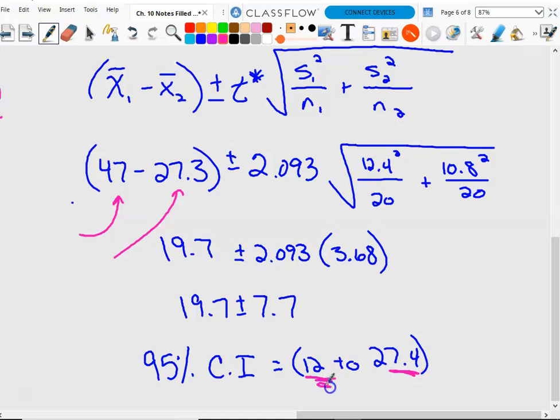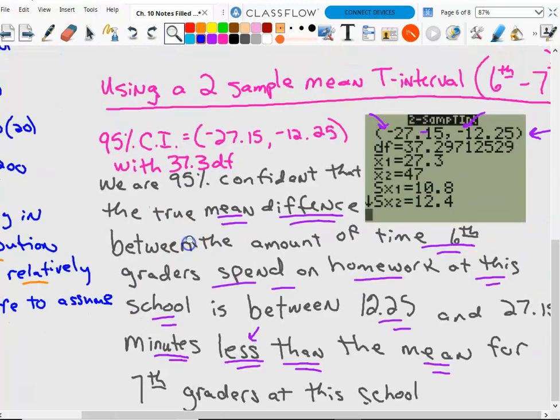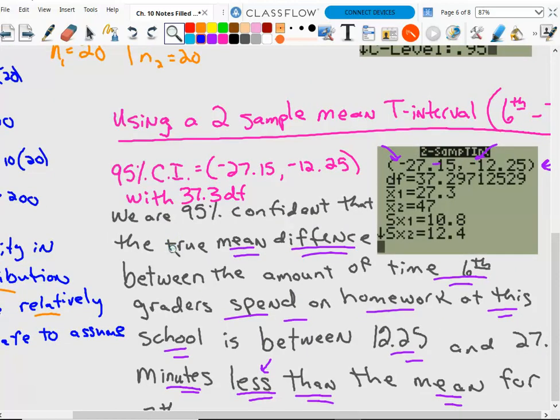Why is my answer different? Slightly. Because I used the conservative n minus 1 degrees of freedom, which if you're doing it by hand, that's fine. But if you have technology, why wouldn't you use it? So, we're not off by a ton, just slightly. But that's what it might look like by hand in a multiple choice question.